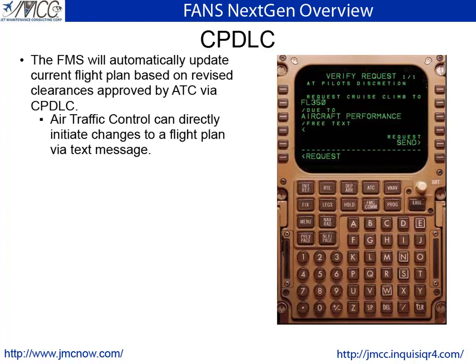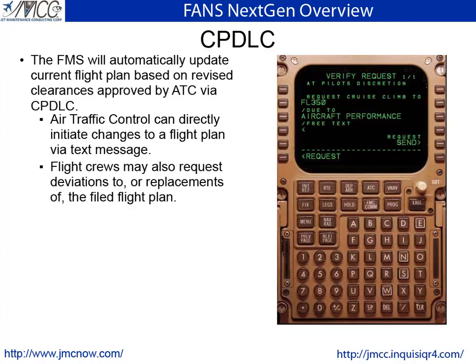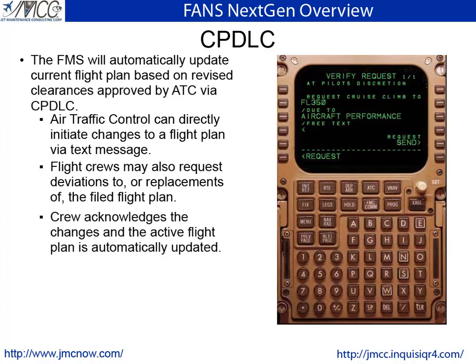Air traffic control can directly initiate changes to a flight plan via text message, and flight crews may request deviations to or replacements of the filed flight plan. The flight crew acknowledges the clearance, and the active flight plan is automatically updated. As you can imagine, this process is much faster than using voice communications.